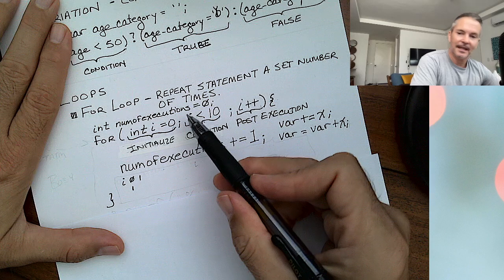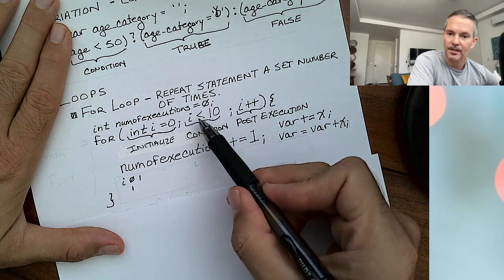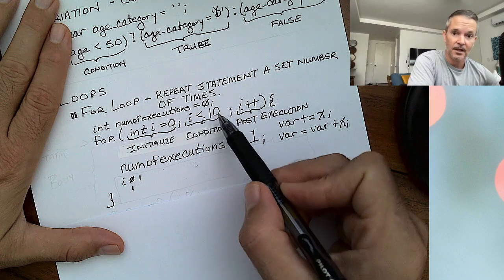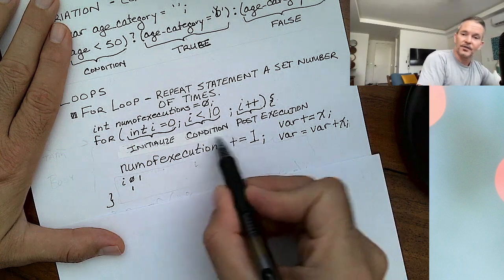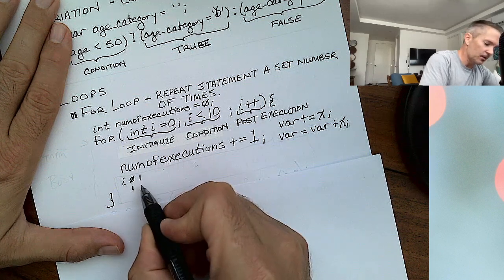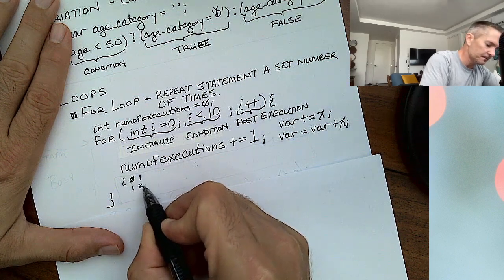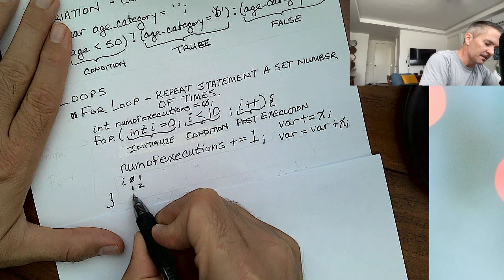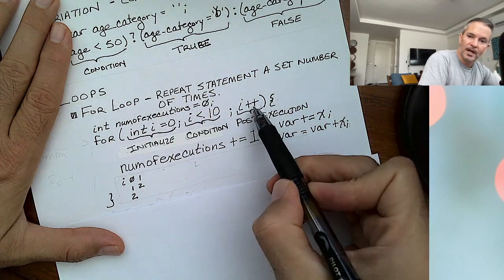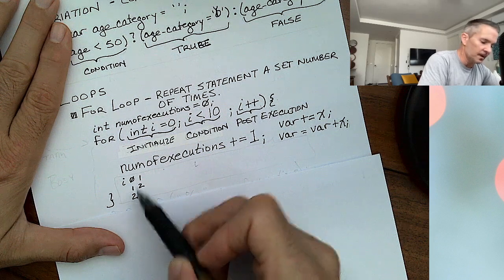I come back into testing the condition. Is 1 less than 10? Yes, 1 is less than 10. All right. I execute this statement. So number of executions is now going to become 2. I is going to get incremented now to the number 2. So I++ equals 2.